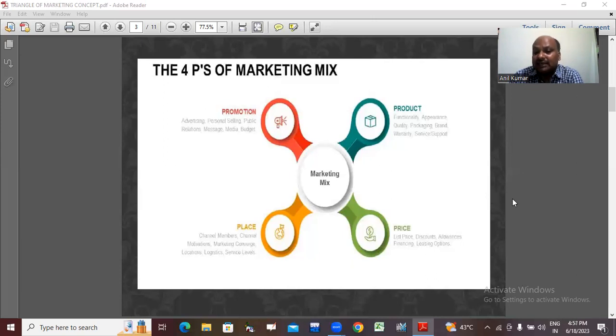How the product is going to be effective for any marketer can only be understood with the attributes of the product. And what are all the attributes under the product? That is the product variety, the quality, the design, the features, the brand name, the size, the services, warranties, and returns.